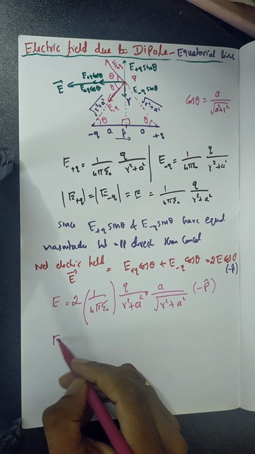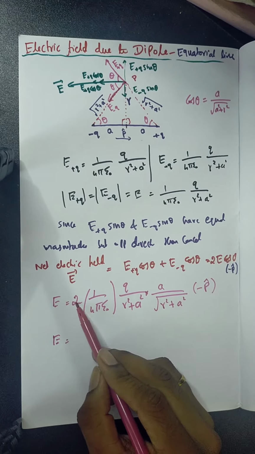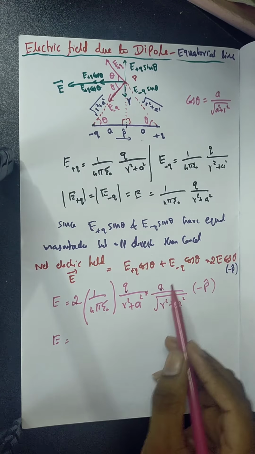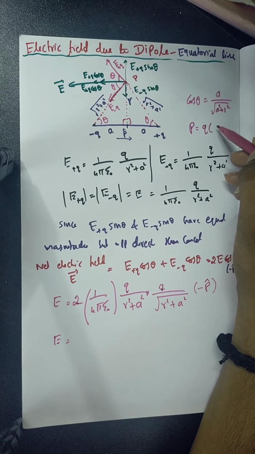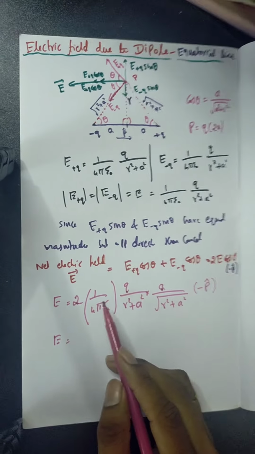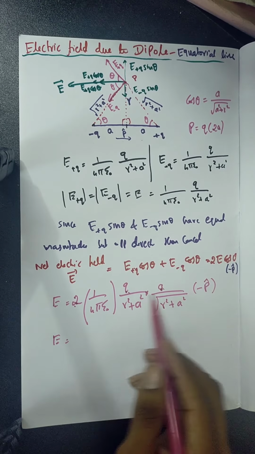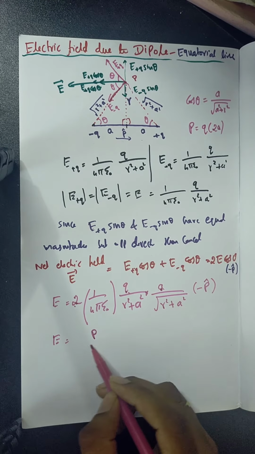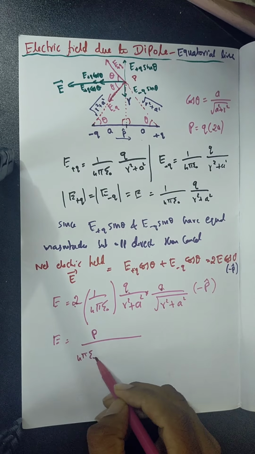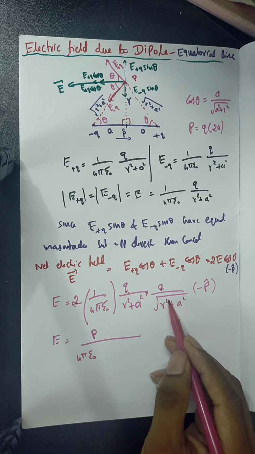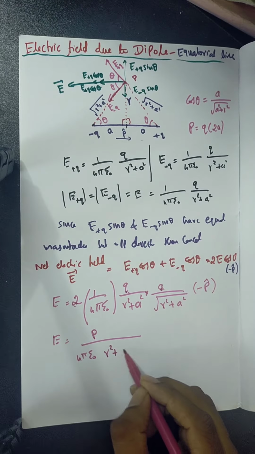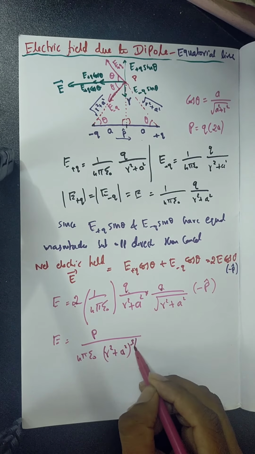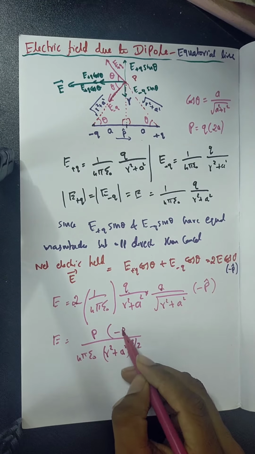This 2qa is defined as the dipole moment. Dipole moment is equal to charge into dipole length, that is 2a. So this is 2qa or 2a into q, that is actually the dipole moment, by 4 pi epsilon naught. So this is r square plus a square to the power half, and this is actually power of 1, so r square plus a square to the power 3 by 2, along the minus p cap direction.